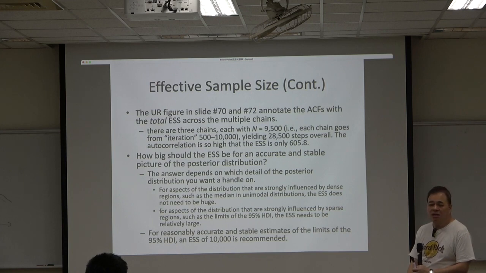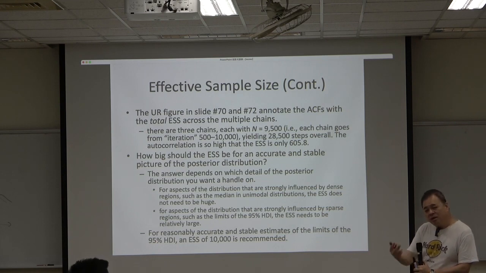But if you look at the textbook that we have, they only use 2,000 most of the time. 2,000 is equivalent to 6,000 because we have 3 chains, right?